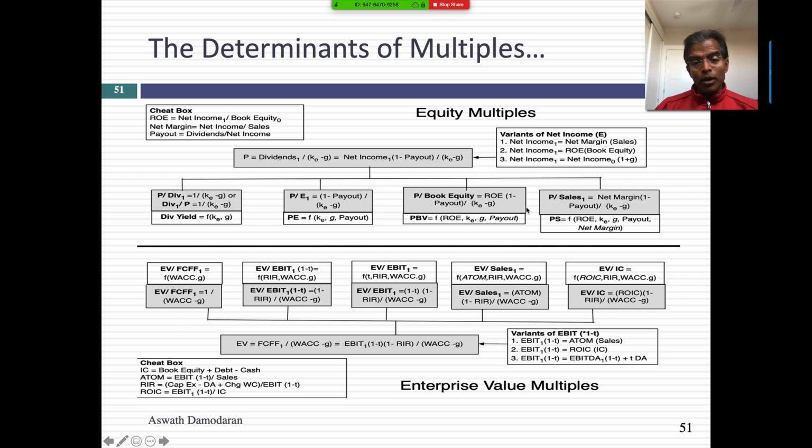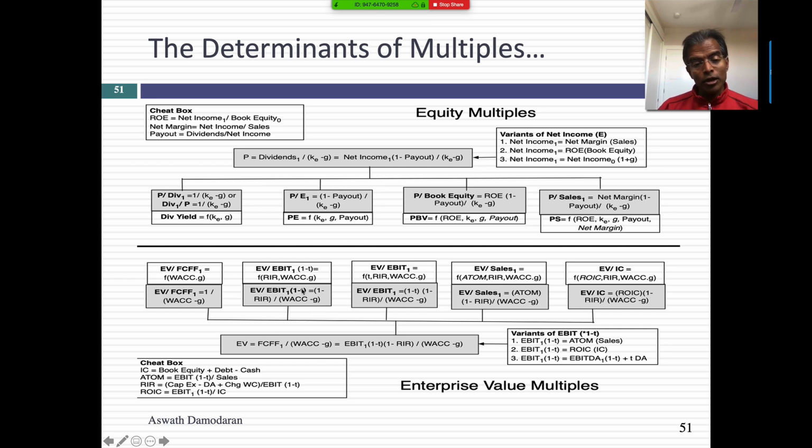So if you look at equity multiples, every equity multiple I can trace back to an equity discounted cash flow model and extract the variables that drive that multiple. With enterprise value multiples, I start with an enterprise value model, and then I use it to extract the variables that drive each multiple. Enterprise value to free cash flow to the firm is a function of cost of capital and growth rate. So if you tell me you're going to pay 5 times free cash flow to the firm, I'm going to ask you what's your cost of capital, what's your growth rate.